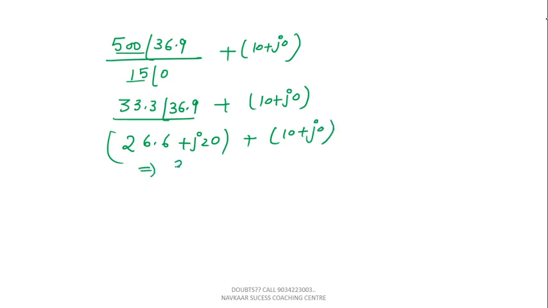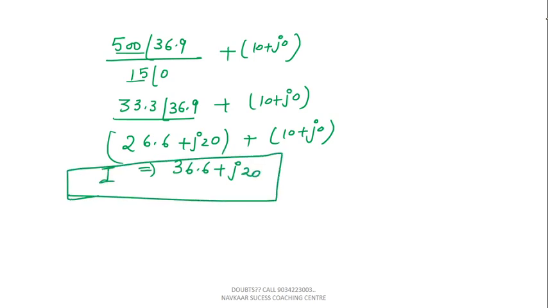What will you get? 36.6 plus J20. This is the value of impedance you got, because we have calculated the total impedance now.